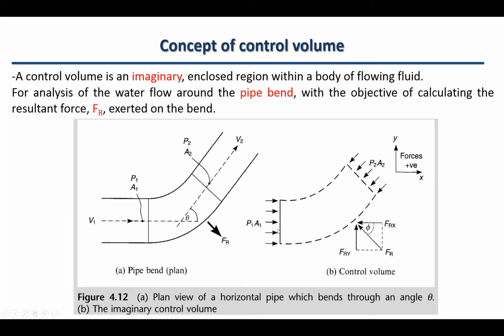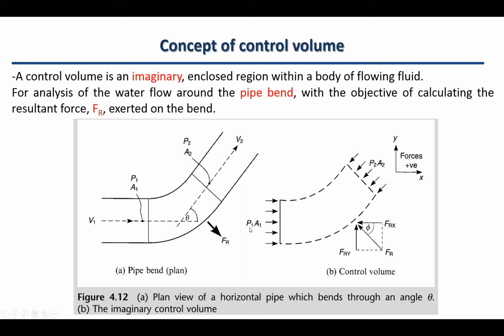Control volume is denoted by this dashed line here, and we can denote all the external forces applied to it. If we take this volume of water from the pipe, one force applies behind the control volume, based on the pressure and the cross-sectional area A1.